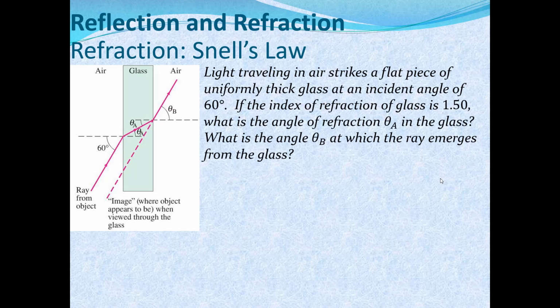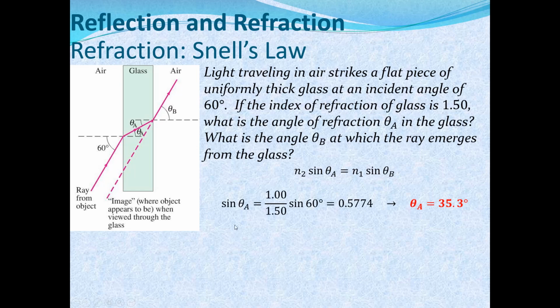So in the first part, we're just going to do n1 sine theta 1 equals n2 sine theta 2. Figure out what the medium is here. You can ignore my signs; you'll see why I'm doing that in a second. But what we end up getting when we plug the numbers in is that the angle inside the glass is going to be 35.3 degrees.